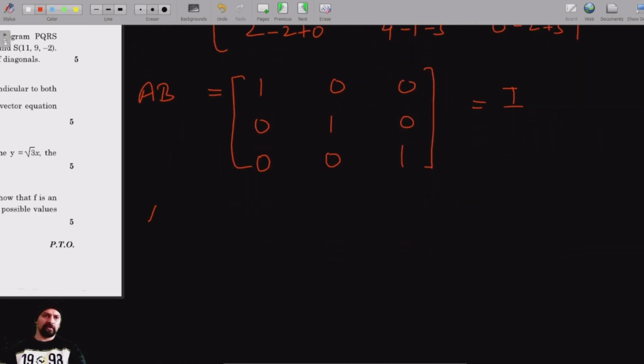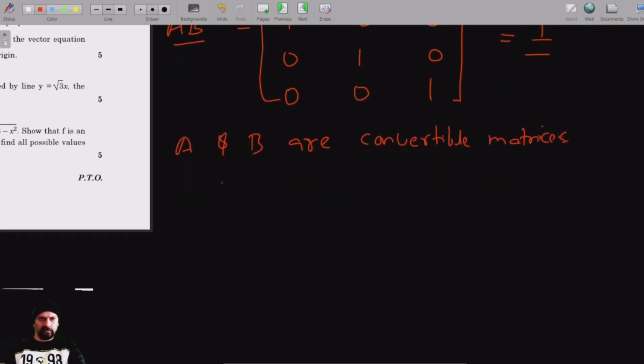So A and B are invertible matrices because the product of them is an identity matrix. When A and B are invertible matrices, that means they are inverses of each other.